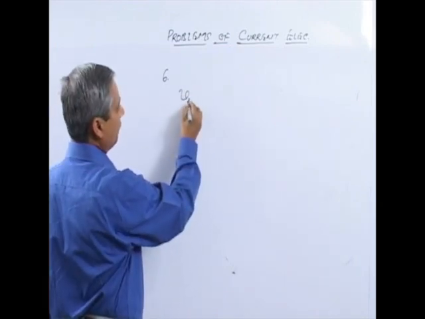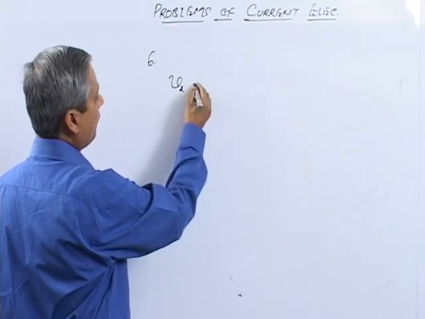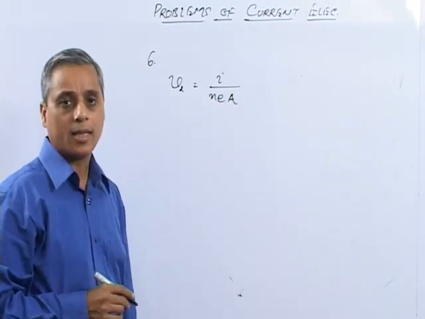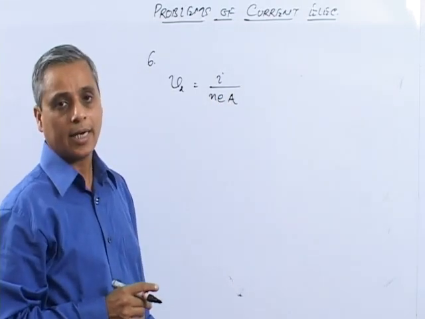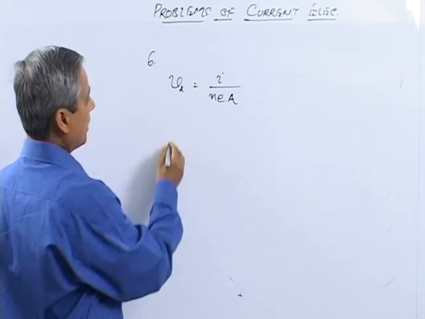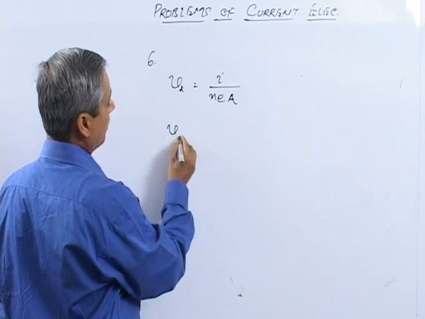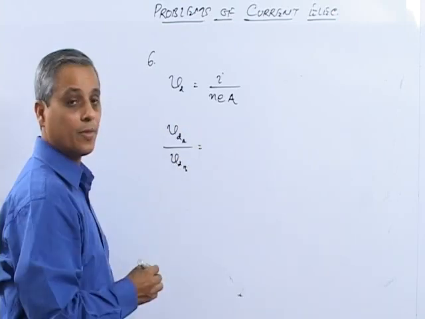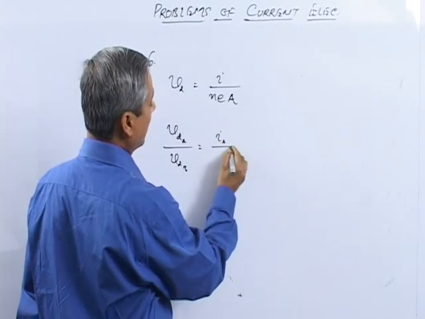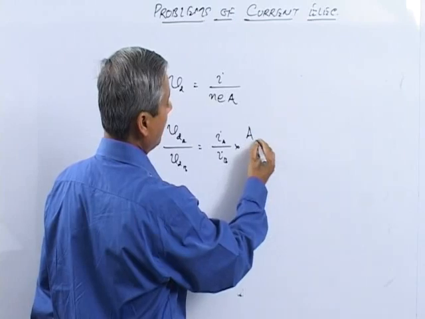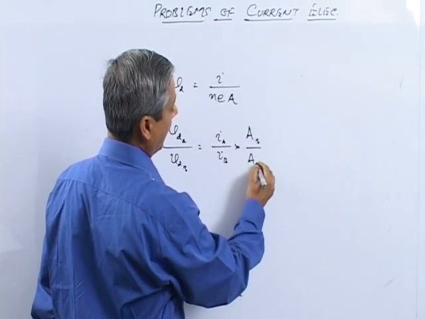Now drift speed Vd. Vd is I upon NEA. This is a relation of current and drift velocity. We have already studied this. Then Vd in A divided by Vd in B is Ia upon Ib into AB upon AA.